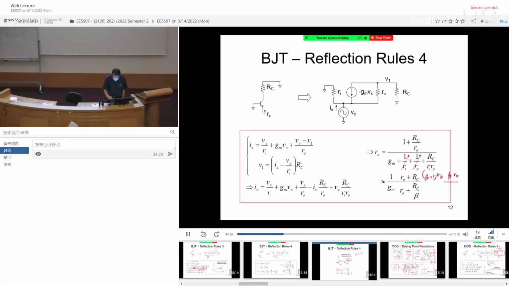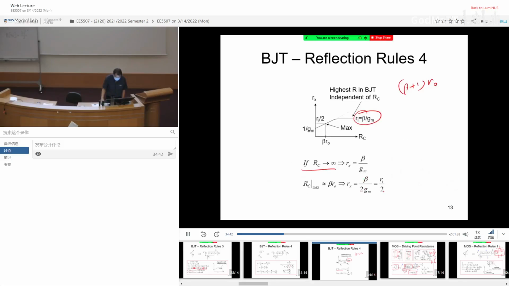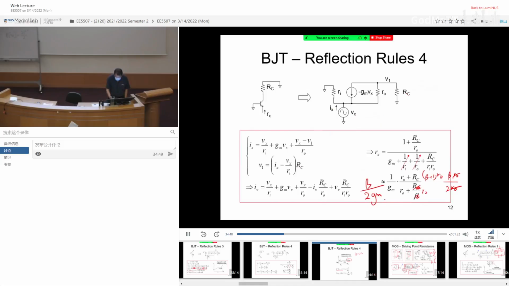The bottom one is also beta R0, so it becomes 2 R0. R0 cancels, so you get 2 beta over 2 Gm. Beta over 2 Gm is simply Ri divided by 2.